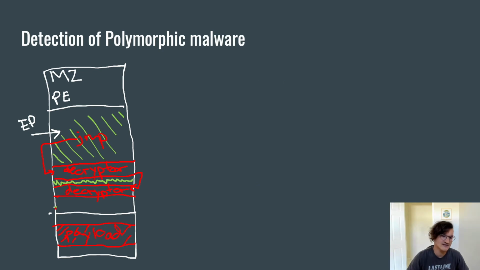There would be more advanced polymorphic viruses which would not just simply patch something in the beginning of the original entry point or change the entry point. They would disassemble a bunch of functions and would find some area inside to put the jump. And the problem is that the jump can actually be not very close to the entry point.